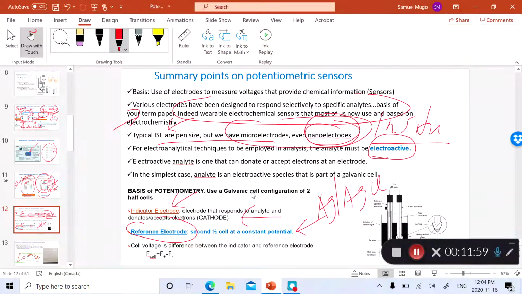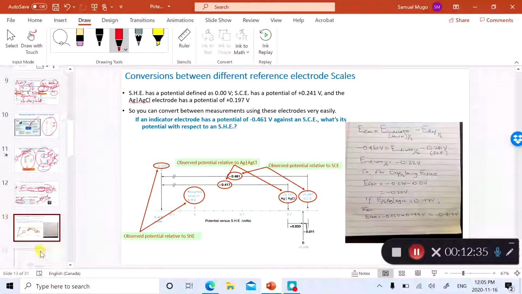The reference electrode means the potential is known, a constant potential. So the E of the cell that you actually measure, the voltage of the sensor, is generated by taking the potential of the indicator electrode, which is the cathode, minus the potential of the left-hand side, which is the reference electrode, which is at a fixed and known potential, and that gives you the E of the cell.